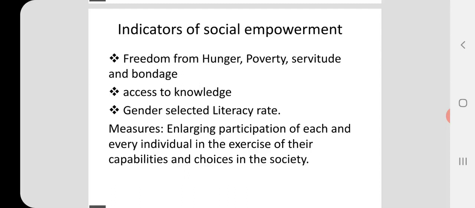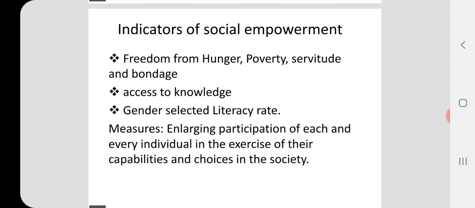Next, the gender selected literacy rate. So in India we frequently see gender wise segregation or caste wise segregation of population.